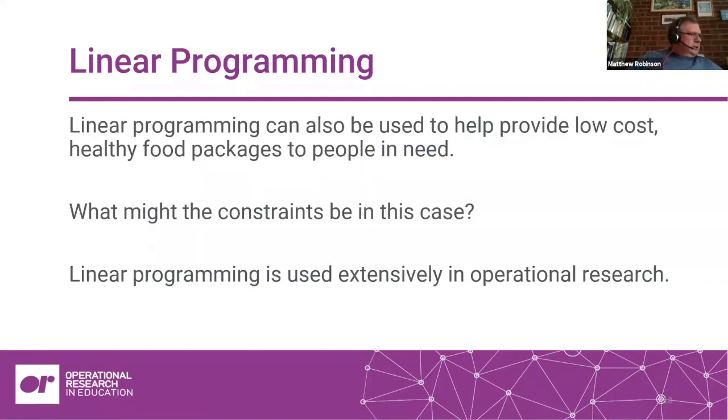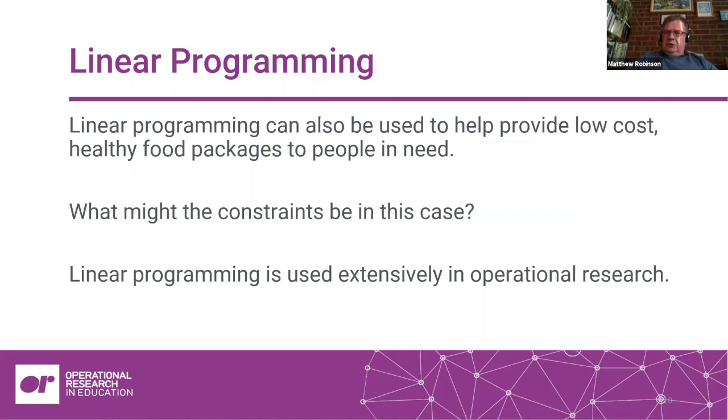So how is this worked out, and how is this used? If you think about a lot of situations, you may be wanting to say, well, how can we help provide low-cost, healthy food packages to people in need? I'm not going to go through exactly what the answer might be, but just think about what the constraints might be.